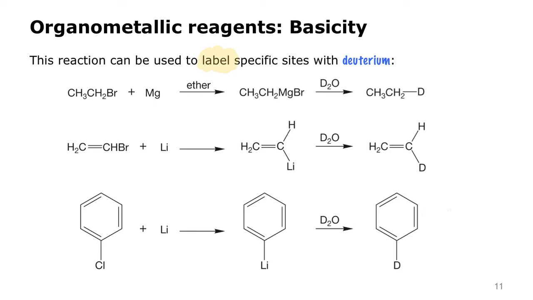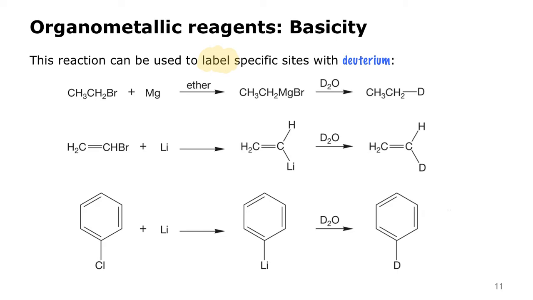D2O, or heavy water, is available and can be used in the laboratory. For all intents and purposes, it acts like H2O, and so it undergoes the same acid-base chemistry. It looks, smells, tastes just like H2O. And so we can use that to react with an organometallic compound, and that acid-base reaction will introduce a deuterium at the site where the metal is in the compound.